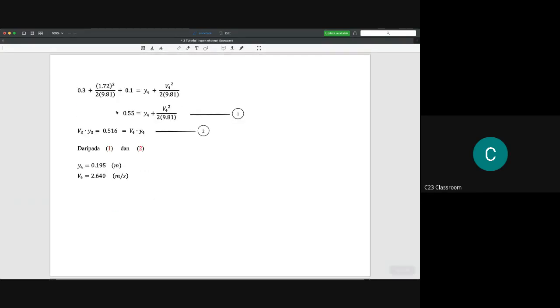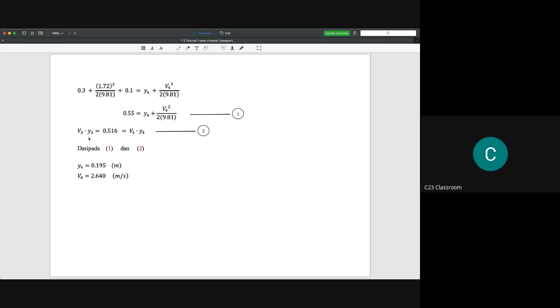Then we substitute all the values here, so we could create equation number 1, in which the values of Y4 and V4 are still unknown. To get these unknowns, we create another equation from the continuity equation.